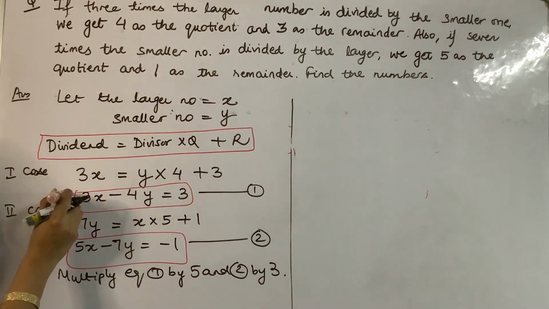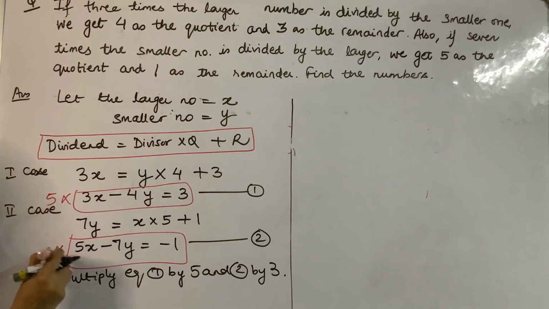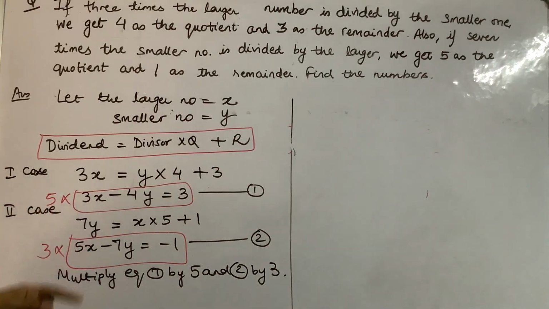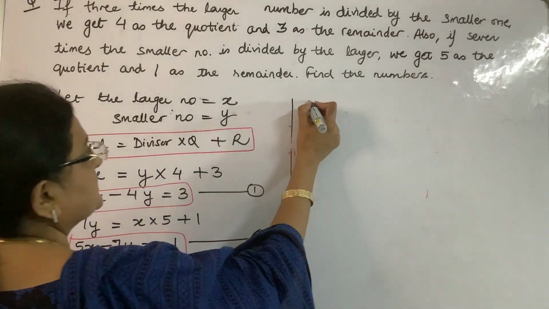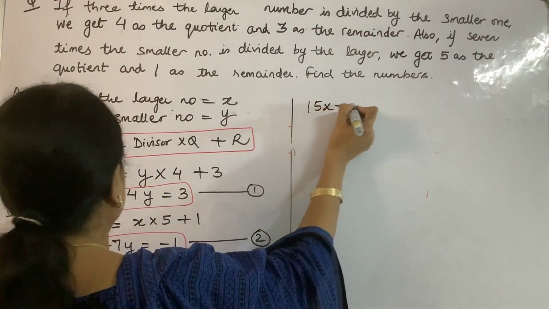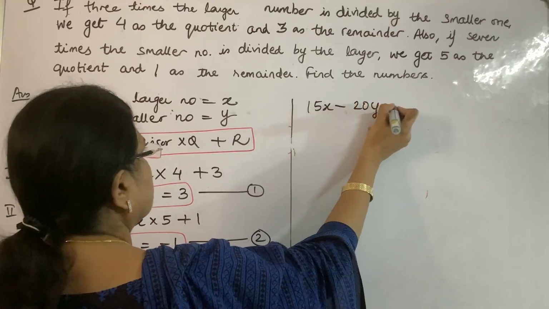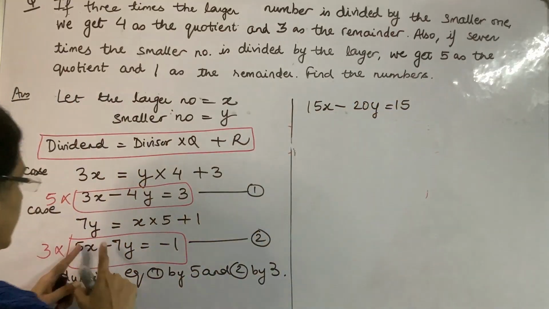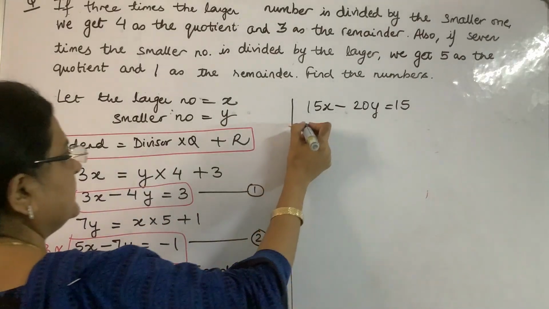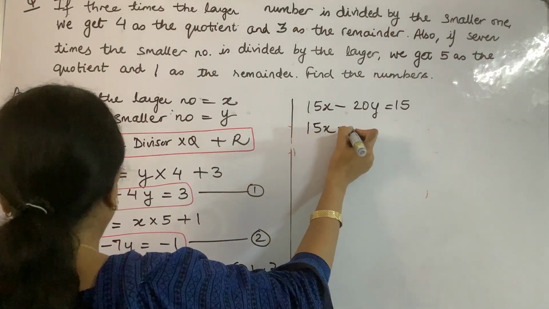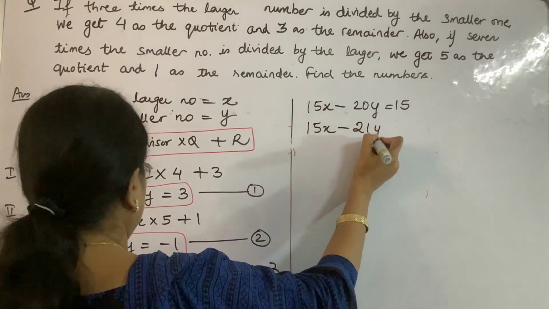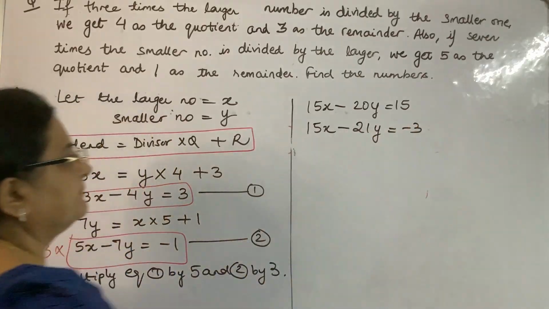So the first equation becomes 15x minus 20y is equal to 15 and the second becomes 15x minus 21y is equal to minus 3.